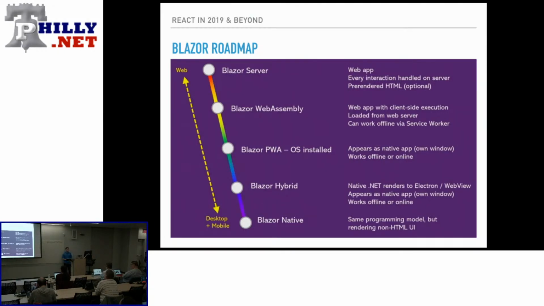And then Blazor Native is in the very far future with the same programming model, but it won't be HTML that's rendered. It'll actually be a native application, and that is the counterpart to React Native, where you can write mostly the same React code and build native applications as well.